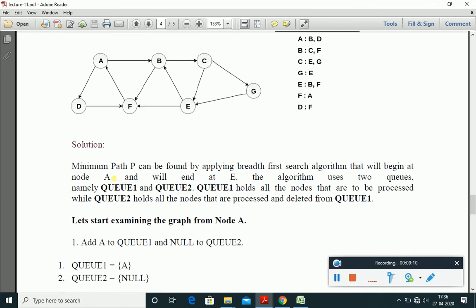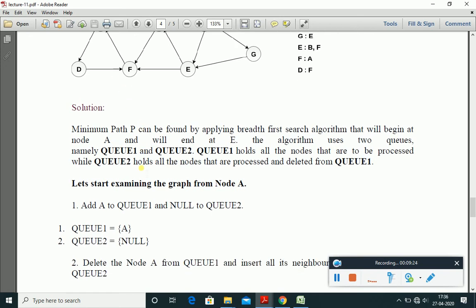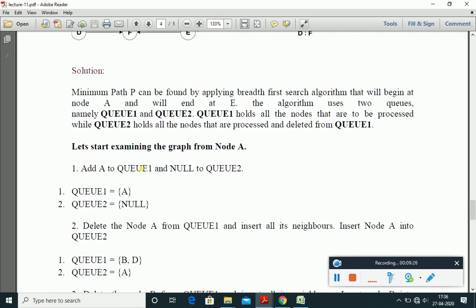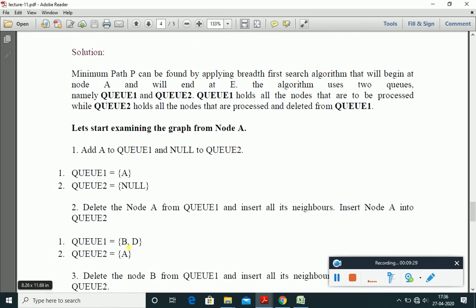Then we will delete A from the queue and find the neighbors of A. A's neighbors are B and D. We will make both their status equal to 2 and insert them into the queue. In any order we can insert them, so let's suppose we are inserting B first, then D.